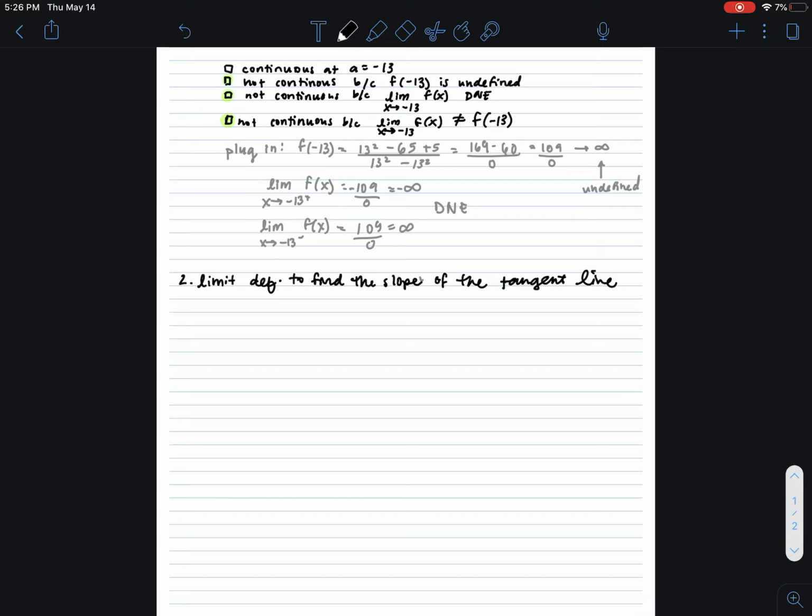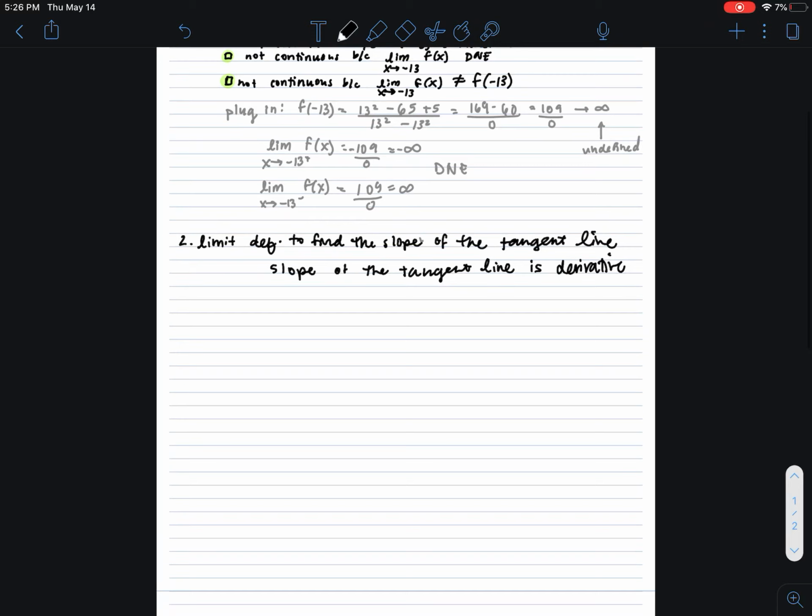Technically, the limit definition is something you guys are supposed to know, but we know that the slope of the tangent line is the derivative at that point, and so why not just take the actual derivative? Right, you guys know the power rule. Don't waste your time doing the limit definition. So let's do an example really quick.